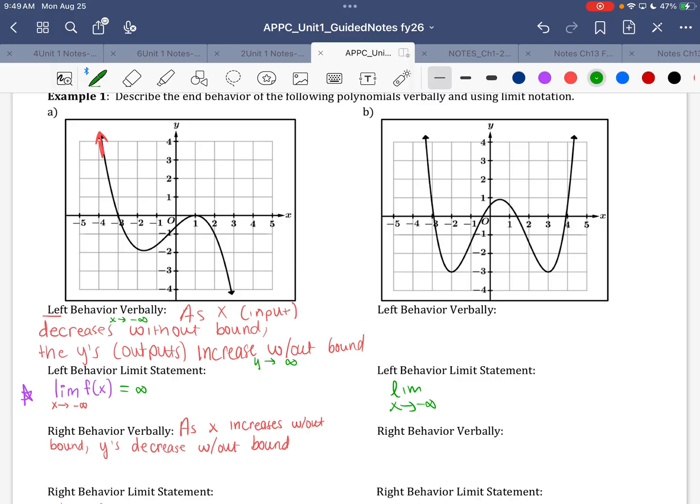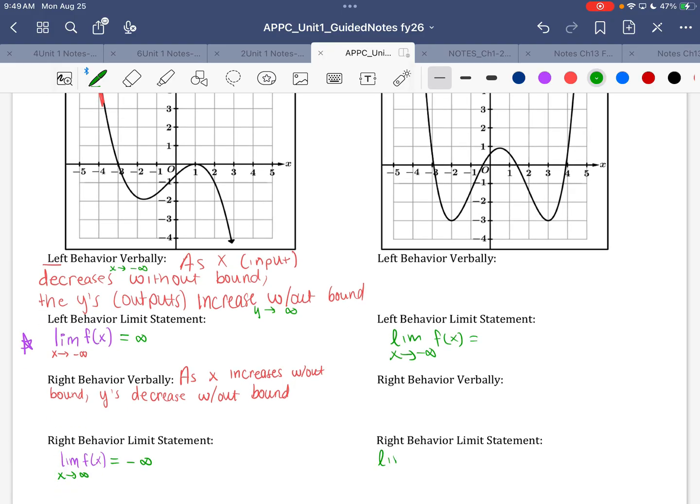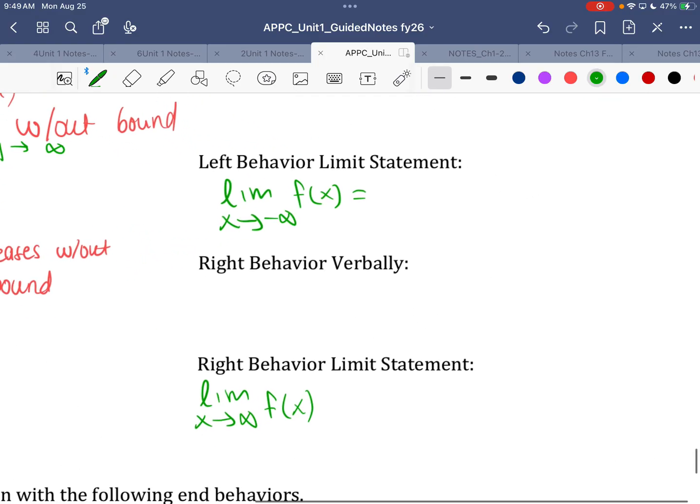So on your classwork or homework, you could just go through and anywhere that says left, write lim x to negative infinity, and anywhere that says right, write lim x to positive infinity. Okay, so on the left side, what is it doing?